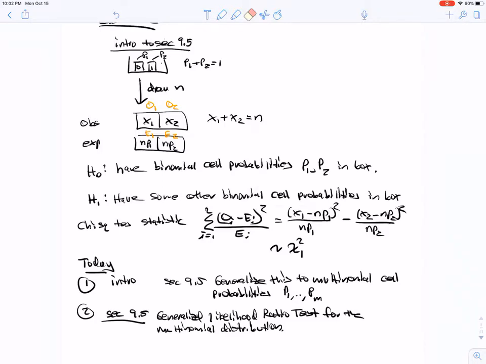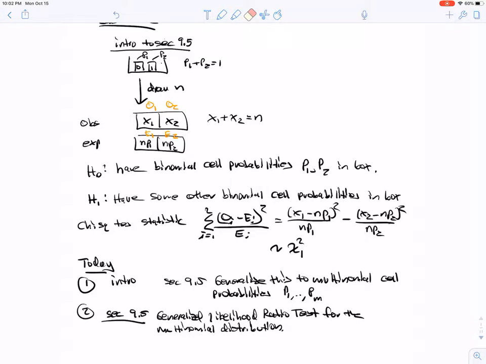And we're testing a hypothesis where the null is that the binomial cell probabilities in your box are p1 and p2, and the alternative is that you have some other binomial cell probabilities.